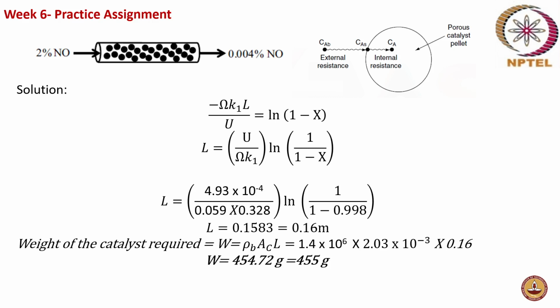So in this question, three things were asked. First one is to find out the Weisz-Prater parameter, and the next is the Mears parameter, and then the weight of the catalyst required for a particular exit concentration, right? And also it was asked to identify whether the reaction has internal mass transfer resistance and external mass transfer resistance.